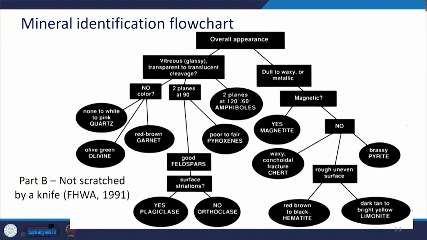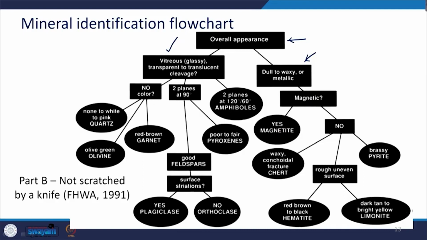So, again we have the tree which we need to follow. So, first of all we will say what is its overall appearance, whether it is vitreous, glassy, transparent to translucent with cleavage, or if it is dull to waxy or metallic.